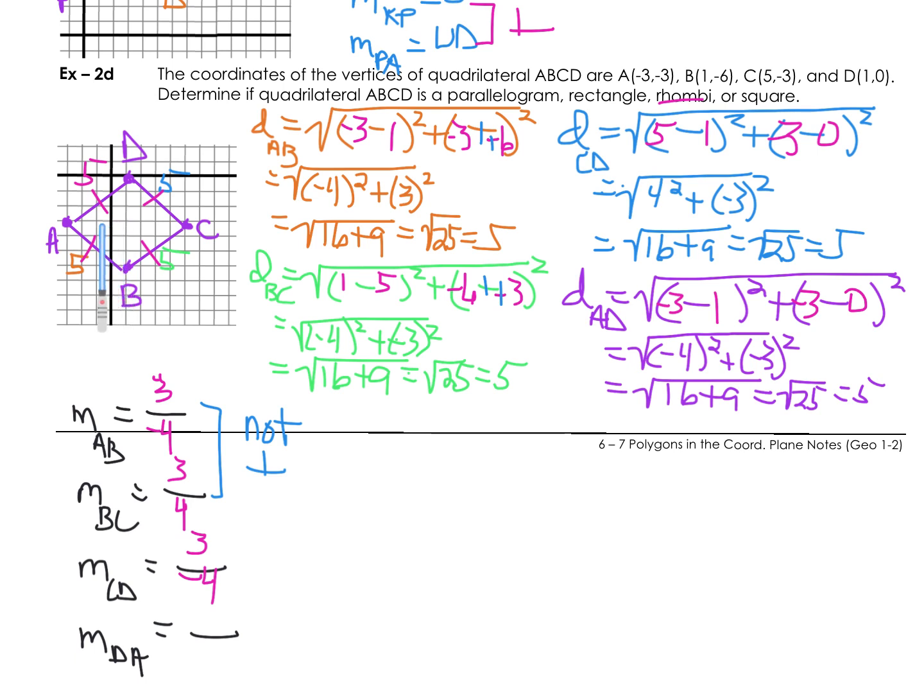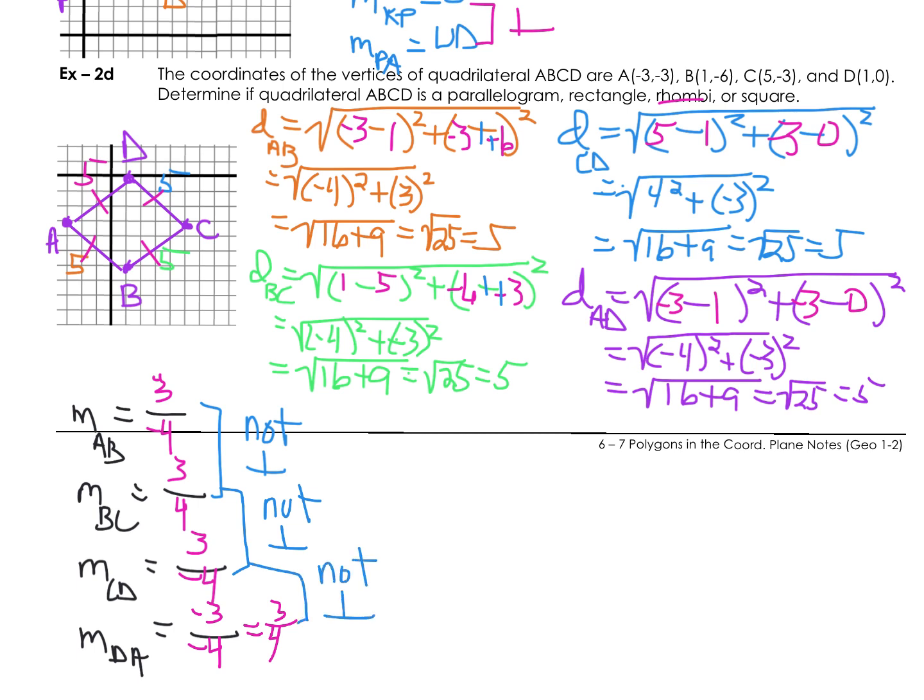To the left, 1, 2, 3, 4, also a negative direction. So down 3, to the left 4, which does reduce to 3/4. So from 4/3 to -3/4, not perpendicular. And from -3/4 to +3/4, not perpendicular.